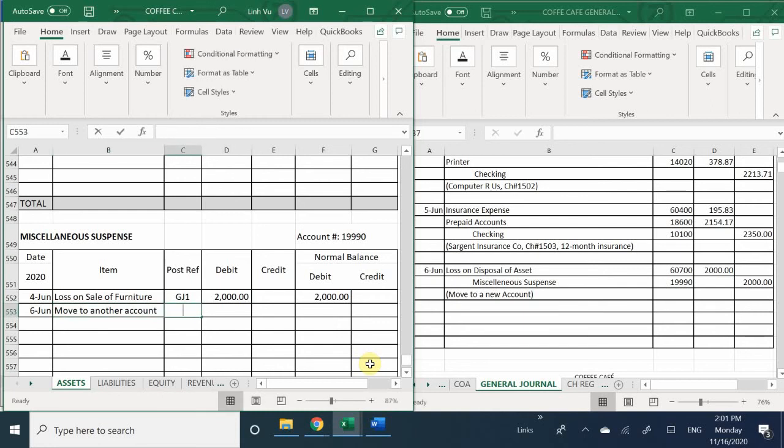General journal number 1. And this time I'm going to credit my account for $2,000. If I apply that formula again, go up to the previous one, add any debits, subtract any credits, my account balance should be 0 as of June 6th. And that's exactly what we did.